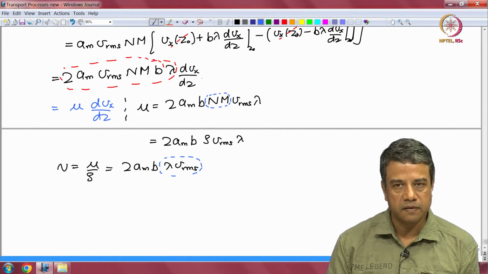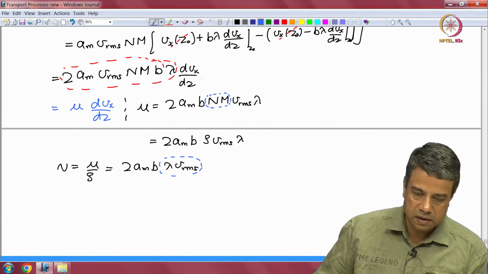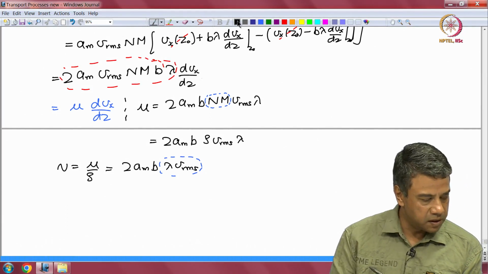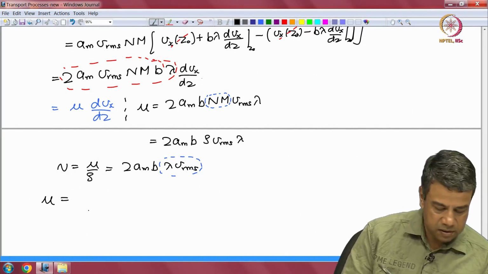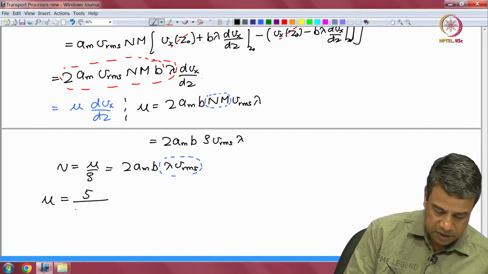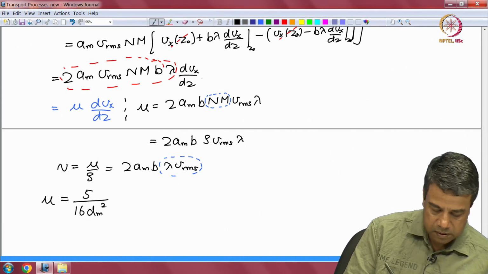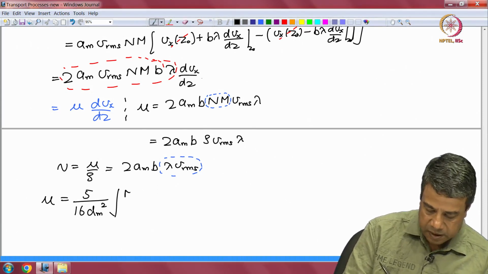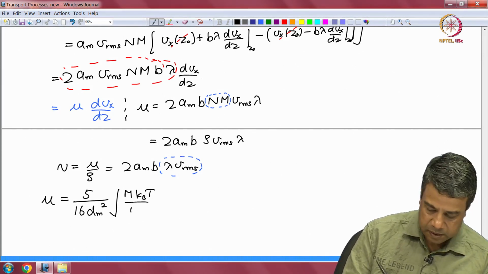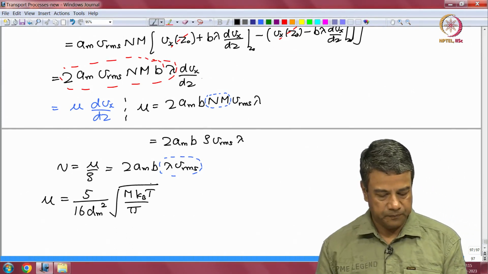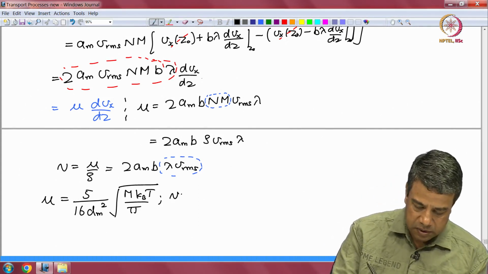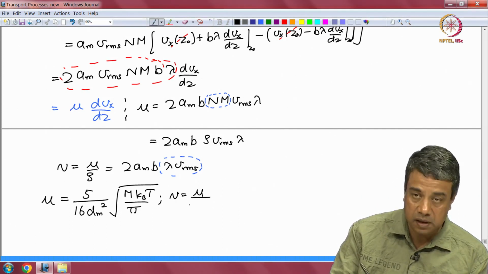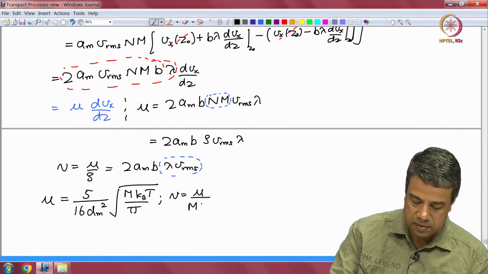As in the case of thermal diffusion and mass diffusion, you can get a more quantitative estimate from kinetic theory of gases. That estimate turns out to be 5 by 16 dm square, root of m kb T by pi. And nu is equal to mu by the mass density, which is mass times the number density.